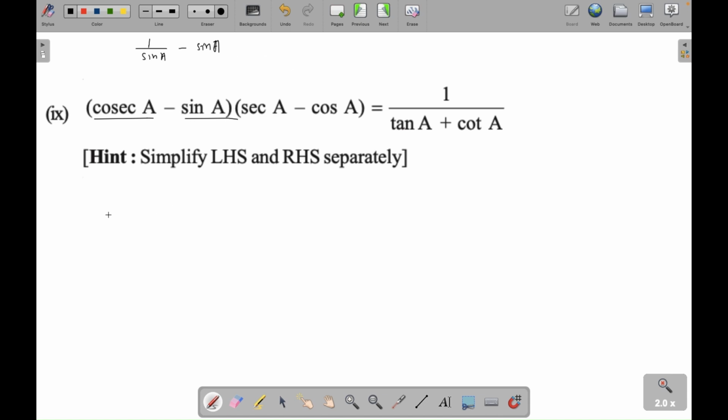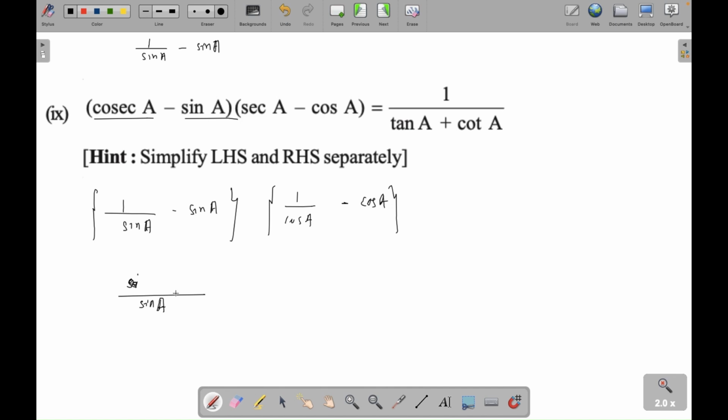Right? So I'll write this as 1 upon sin A minus sin A multiplied with 1 upon cos A minus cos A. And then the denominator will be sin A, and this will become, for this, we converted this to 1 upon sin A. So we have to take the LCM.